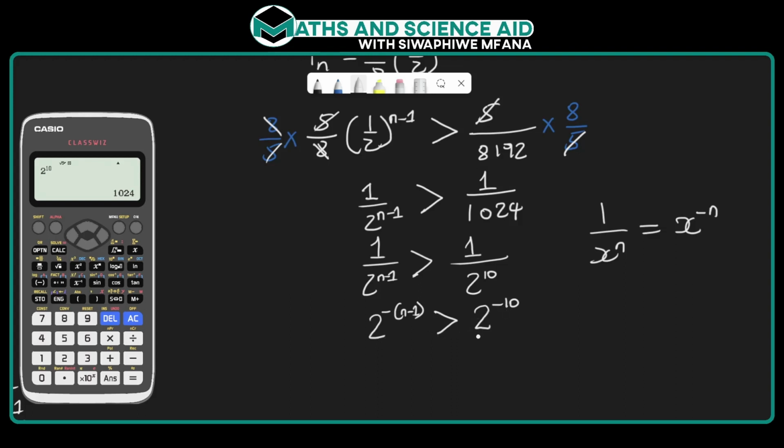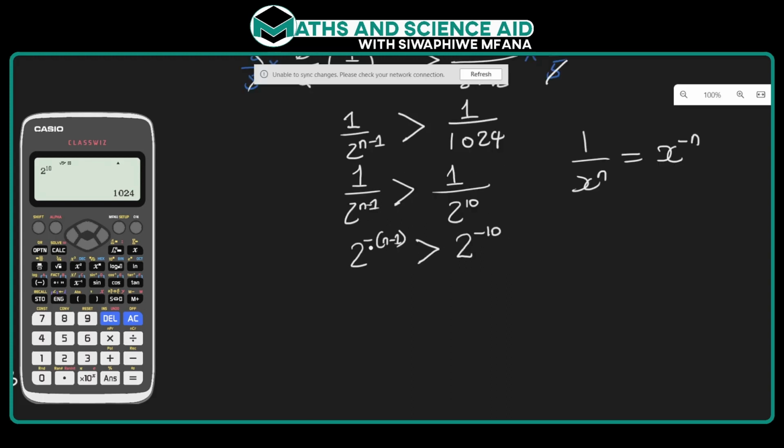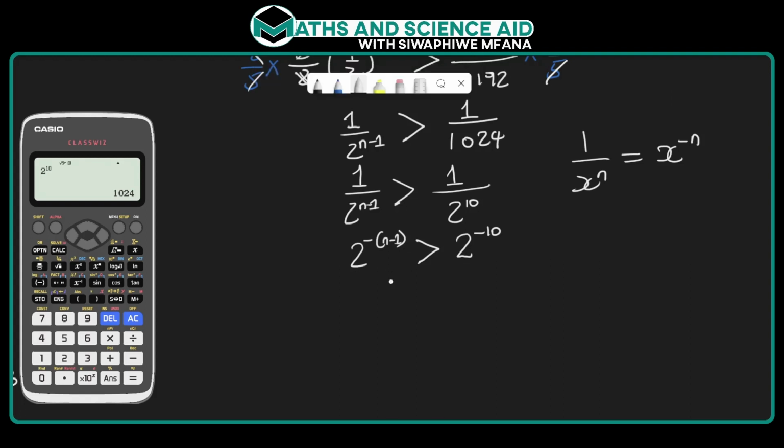And now since the bases are the same here, it means that we can simply write this as negative n minus 1 is greater than negative 10. Okay? And now from this step, since our bases are the same, we can just take down our exponents, right?